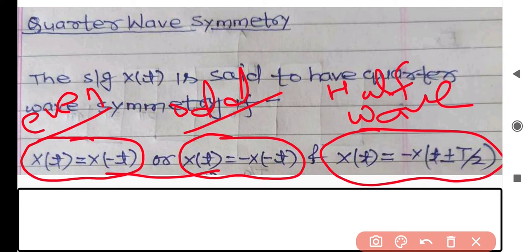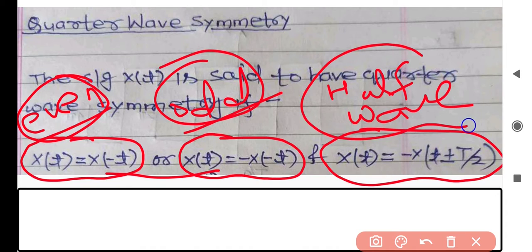So the signal may have even or odd symmetry. Along with all these symmetries, it should also have half wave symmetry. It has either even or odd, and along with even or odd symmetry, it should have half wave symmetry also.